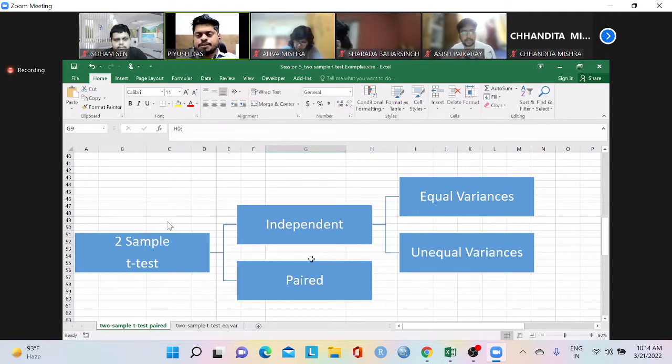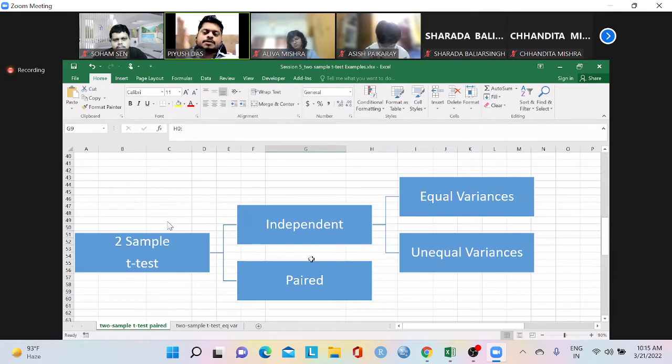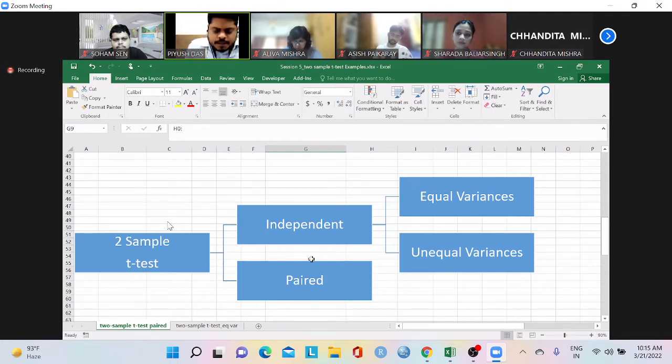The first point is that two-sample doesn't mean we have two samples. Two-sample means two groups. If we are looking at two groups of respondents, that is independent, meaning the groups of respondents are independent of each other. When we look at pairs, we are looking at two groups of data points for the same group of respondents. Like a blood test: say a drug company like Cipla comes up with a new drug and wants to see whether, after taking the drug, there is a difference in one person's blood sugar level.